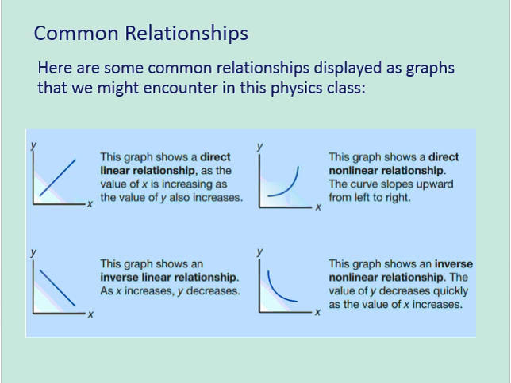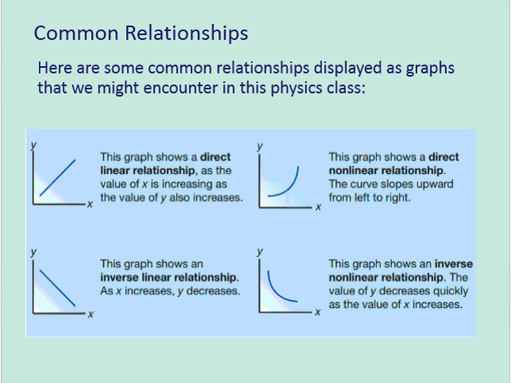And last but not least, some of the common relationships that we might encounter. We have direct linear relationships. All right, so one variable goes up, the other variable goes up. You have inverse relationships, whereas one goes up, the other one goes down, and generally those are not linear. If we do have those in class, we probably will do some linearizing because it helps us to actually see the graph as a line.